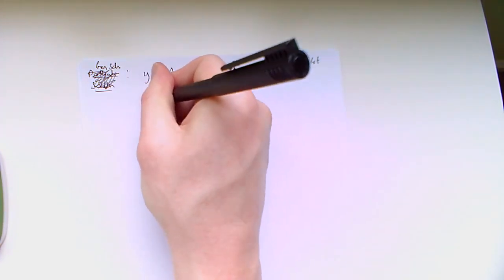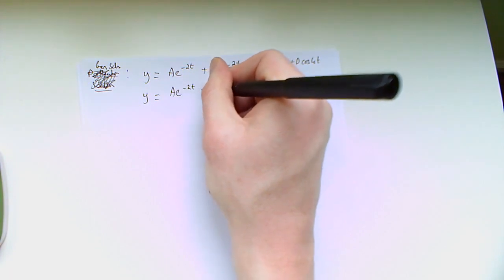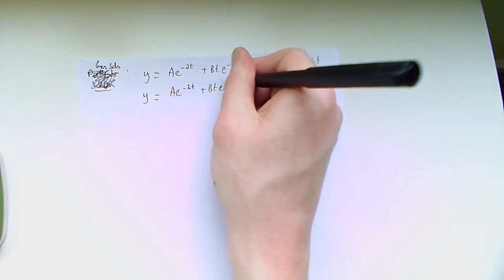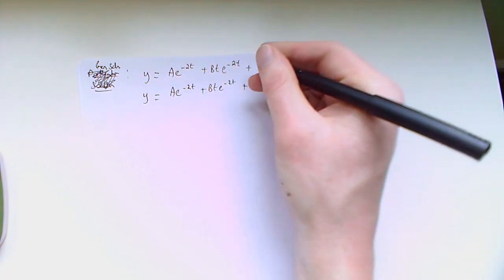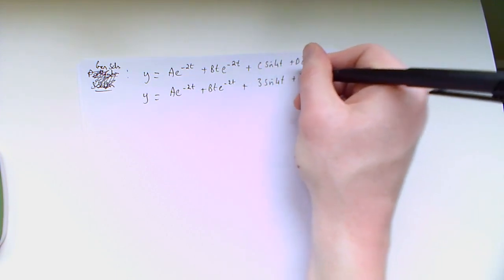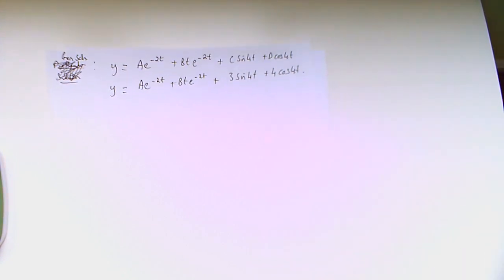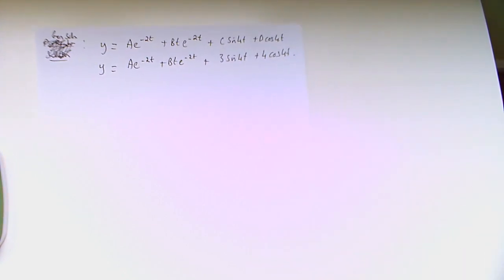So y equals ae to the power of negative 2t plus bt e to the power of negative 2t plus 3 sin 4t plus 4 cos 4t. So for this question, that's really tough. It's really tough to get down to the general solution, and if I was marking this, it would be worth 12 marks.